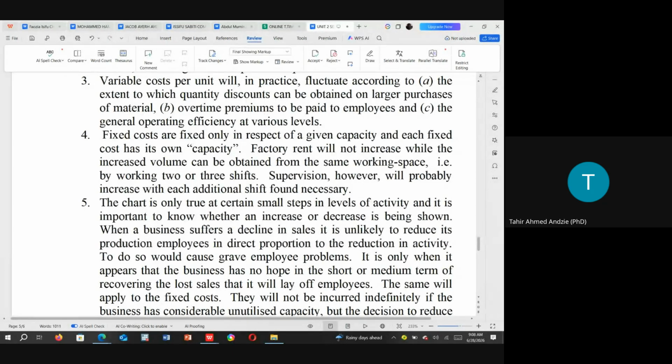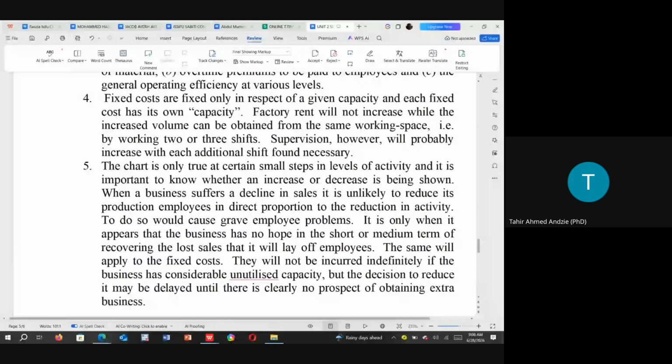Then also, the chart is only true for certain small steps in levels of activity, and it is important to know whether an increase or decrease is being shown. When a business suffers a decline in sales, it is unlikely to reduce its production employees in direct proportion to the reduction in activity. To do so would cause grave employee problems.